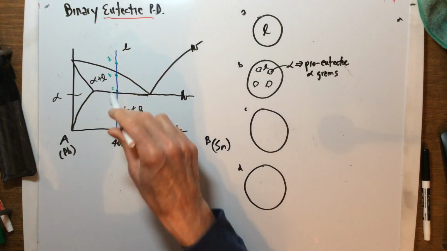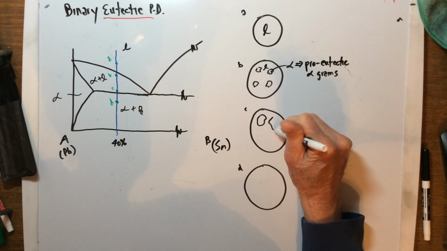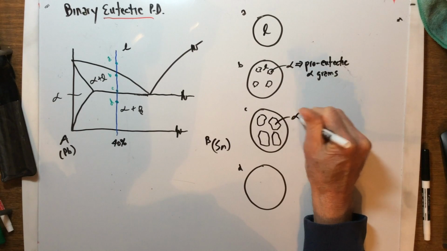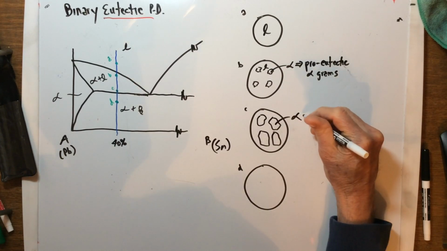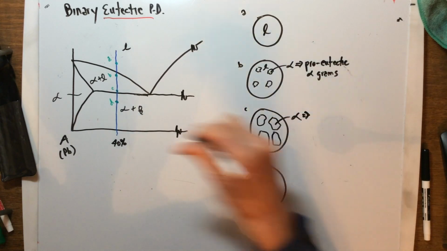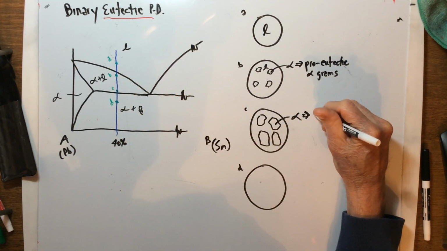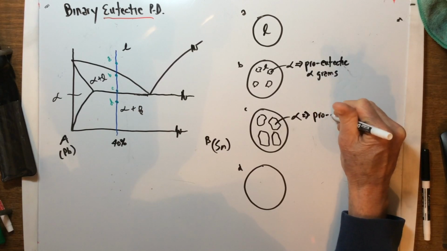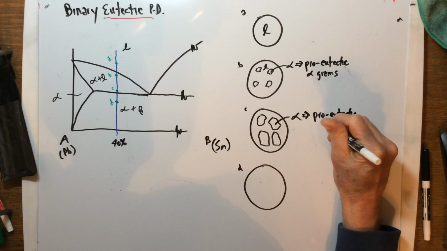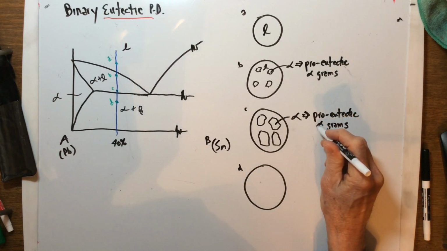Okay, so right here then at C, these alpha grains are getting much larger, but they're still, because they formed above that lower transformation line, we're calling them Pro-Eutectic Alpha grains.